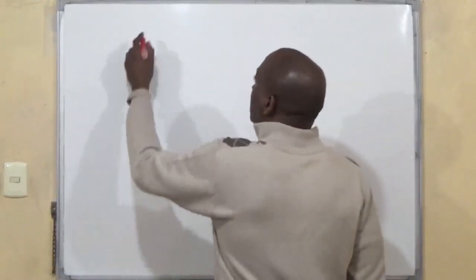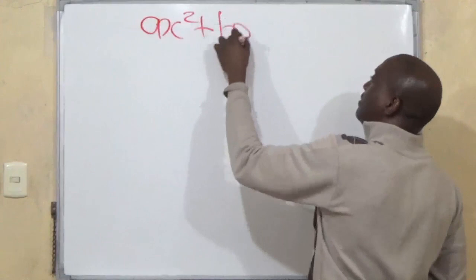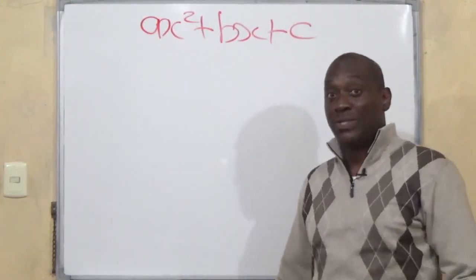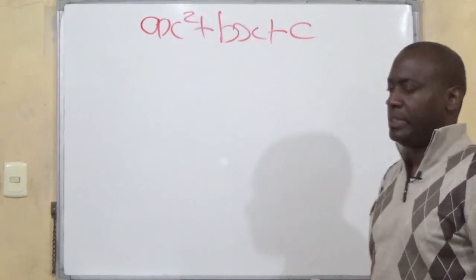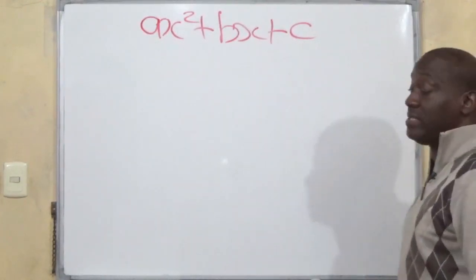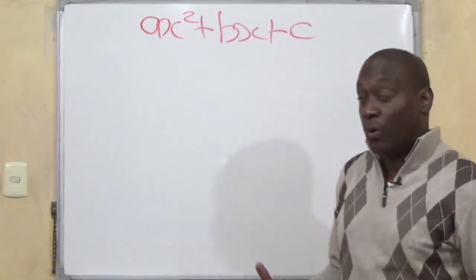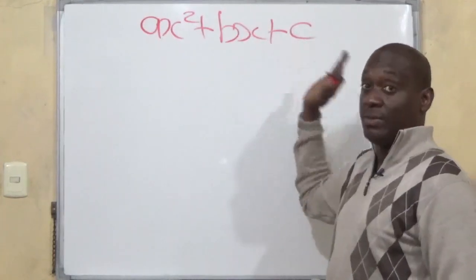Somewhere at the beginning of the last video, we discussed the general quadratic ax squared plus bx plus c. And we said that for this term to be a quadratic, a, b, and c could have any value. We also said that b could be equal to 0, that c could also be equal to 0.